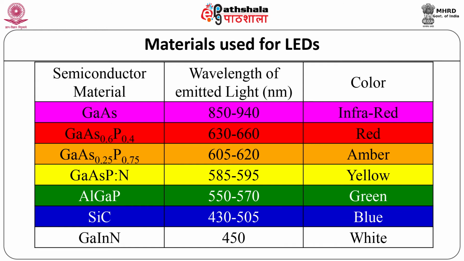From the above table, it is clear that the main P-type dopant used in the manufacture of light emitting diodes is gallium with atomic number 31, and that the N-type dopant is arsenic, atomic number 33. Other colors are produced by adding nitrogen or phosphorus impurities.